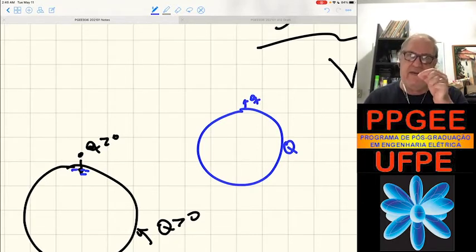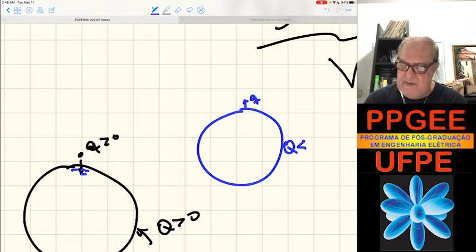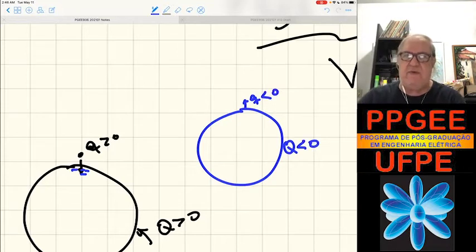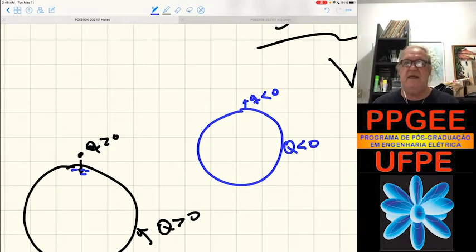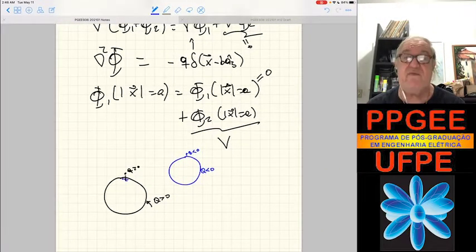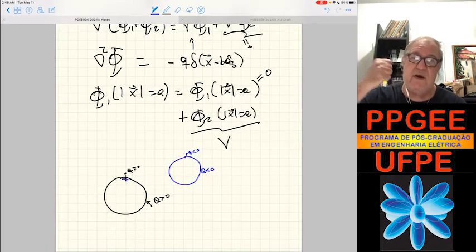So if Q is smaller than 0 and you want to remove one electron from the surface of the metal, it's very difficult because you have an attraction between those two charges, because of this non-uniform distribution of charge induced on the surface of the sphere. That's why we have this work function of metals. We need some energy to knock out some charge from the sphere.